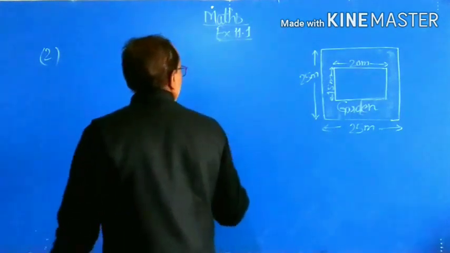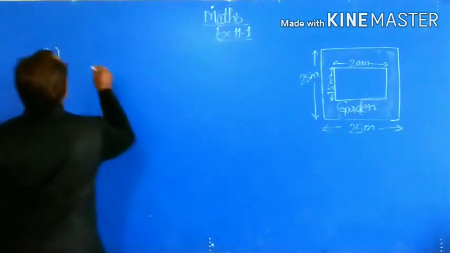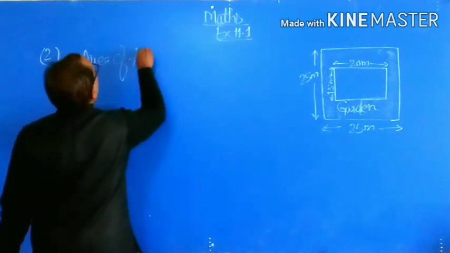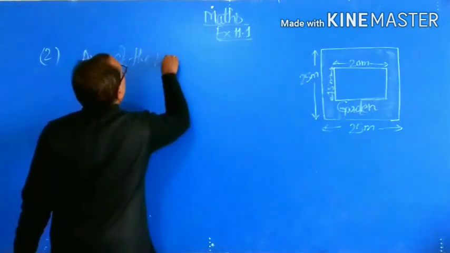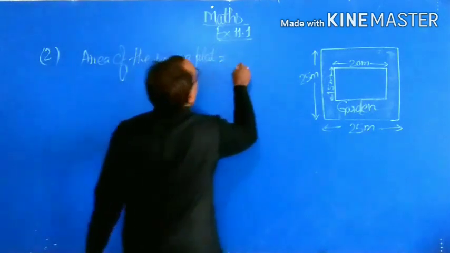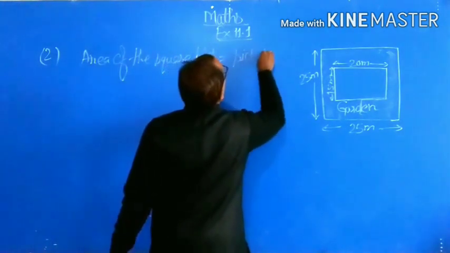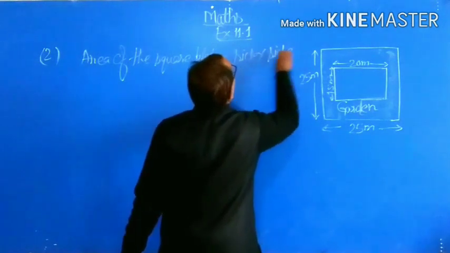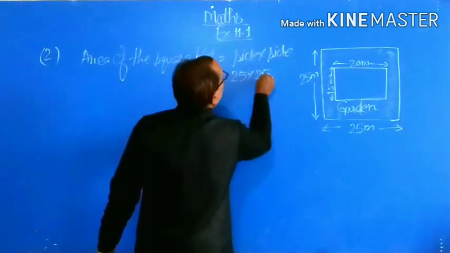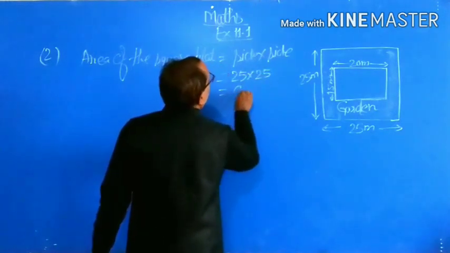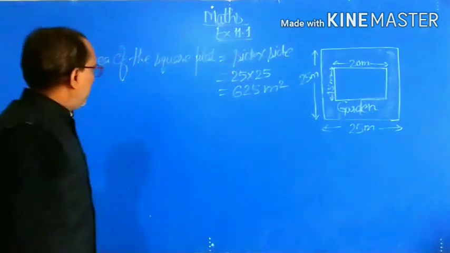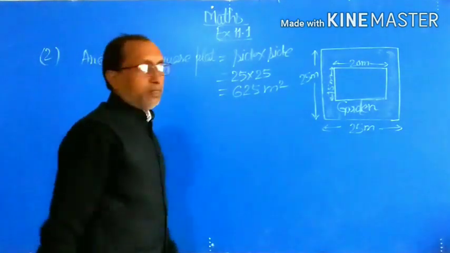Okay. Then first of all you find out area of the square plot, that is equal to side into side, that is 25 into 25 means 625 meter square. This is the area of a square plot.